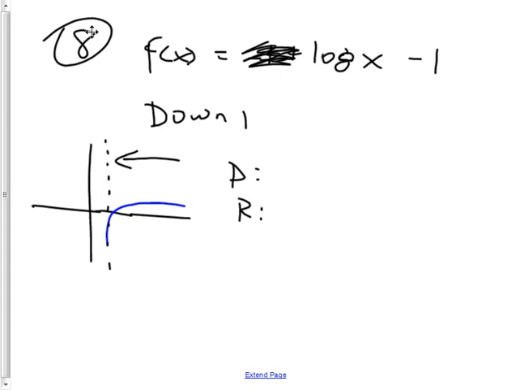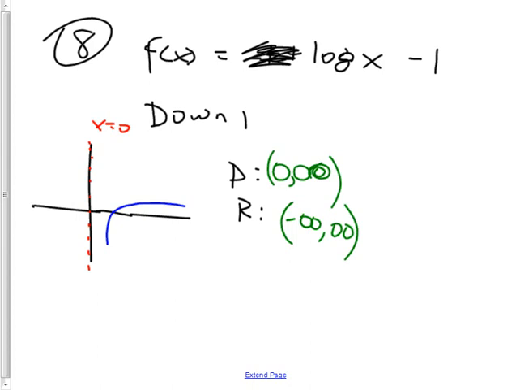I should leave that asymptote where it was then. So I'm going to undo putting in that asymptote line. Try putting it in the right spot instead, which is right there. So the asymptote line is still at x equals 0, and the domain goes to infinity. And the range, negative infinity to positive infinity. No limits on that.